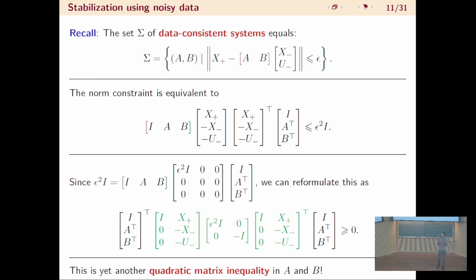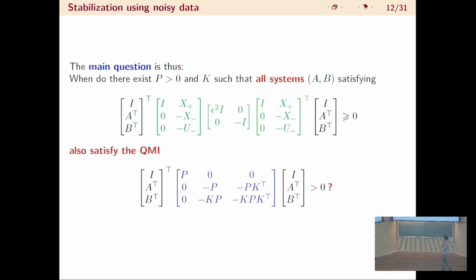Now, why is that important? That tells you something about the structure of this problem. Because what do we want to do? We want to find this common Lyapunov function and controller for all systems consistent with the data. But we can reformulate that question as follows.